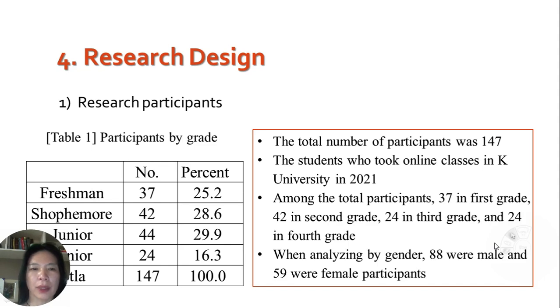When you look at the participants, there were 147 participants at K University. They were taking online classes in the first semester of 2001. Among the total participants, 37 were in the first grade, 42 students were in second grade, 24 students were in the third grade, and 24 were in the fourth grade.